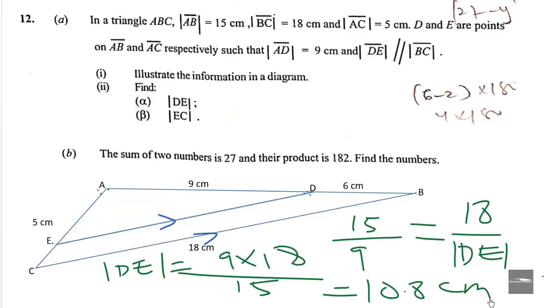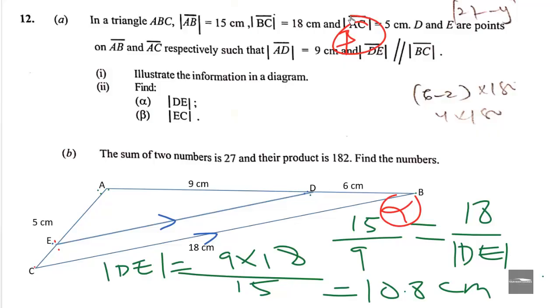Now let's look at the beta part. We are looking at EC. We are calculating the distance from here to here. So this is for alpha. Then for beta, we can still use the property of similarity.